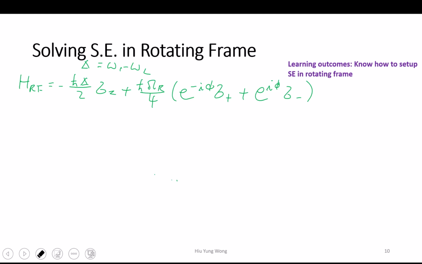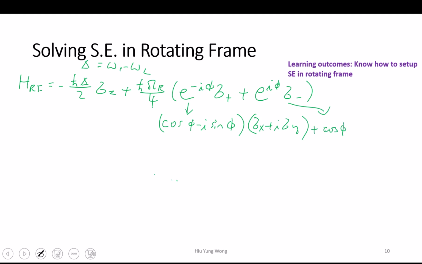So what we can do is go through some more math, and of course, a little tedious. What is e to the power negative I phi? This is cosine phi minus I sine phi, right? And what is sigma plus? It is sigma x plus I sigma y, correct? And then how about this term?